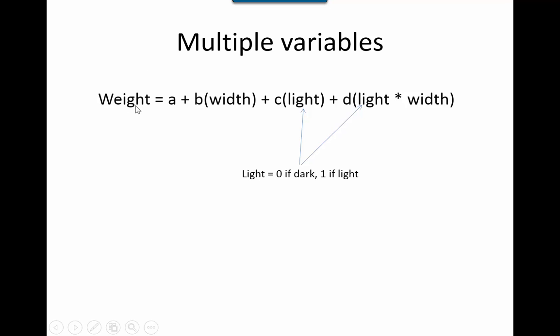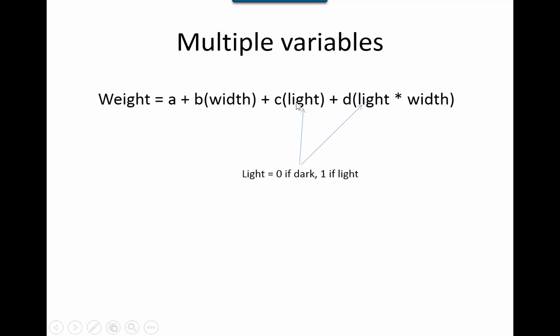So we still have our response or dependent variable over here on the left-hand side. There's going to be an intercept plus the effect, the rate of change in weight with increases in width. So that part is more or less the same, although now this particular slope here represents what is going to happen, or what is the rate of change in weight for width when we are dealing with dark-colored individuals.